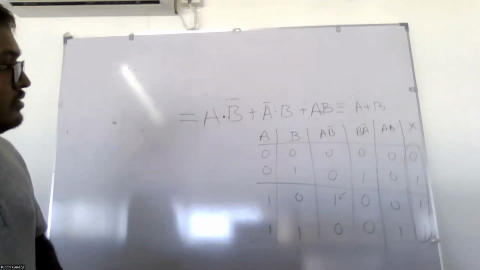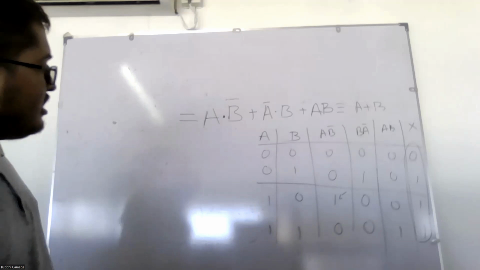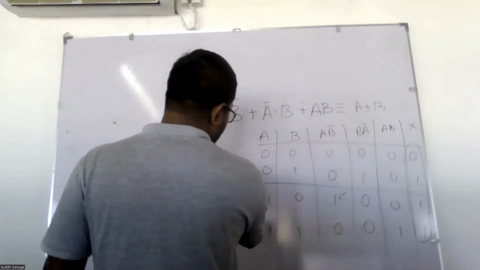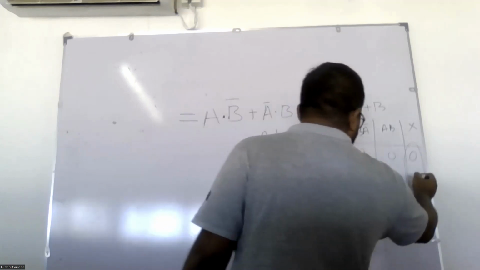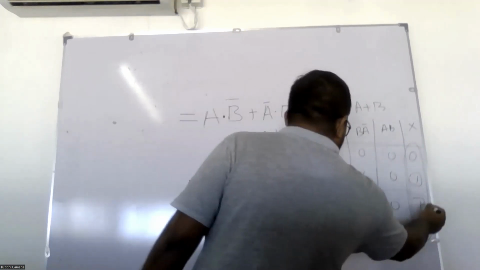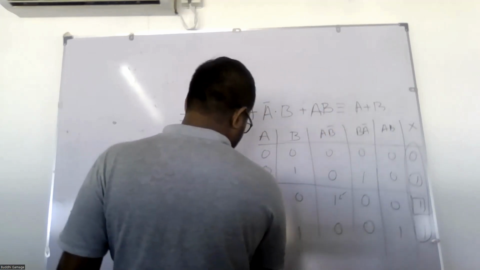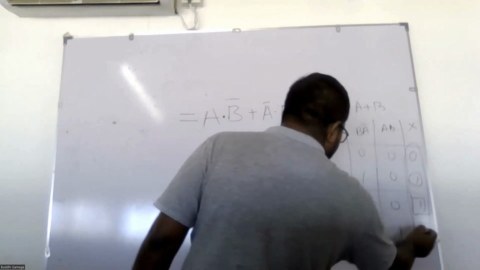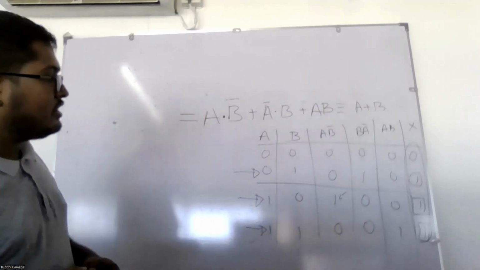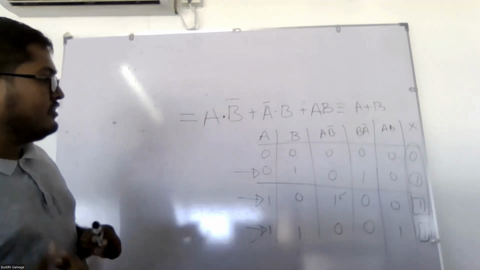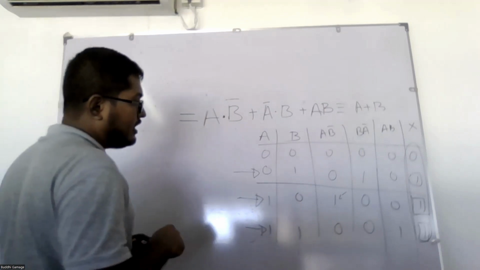So in this scenario, we can see this row has output 1, and this row also has output 1, and this row also has this output, right? So we are given a table like this.